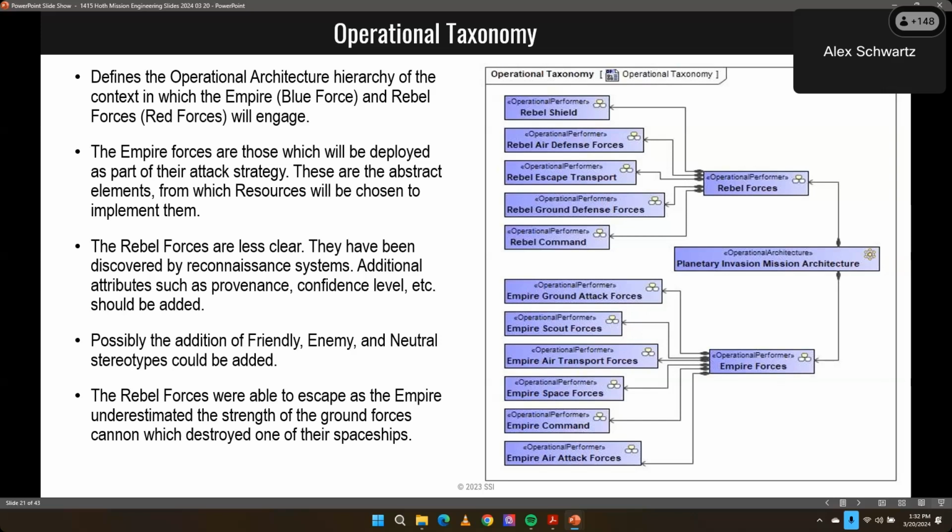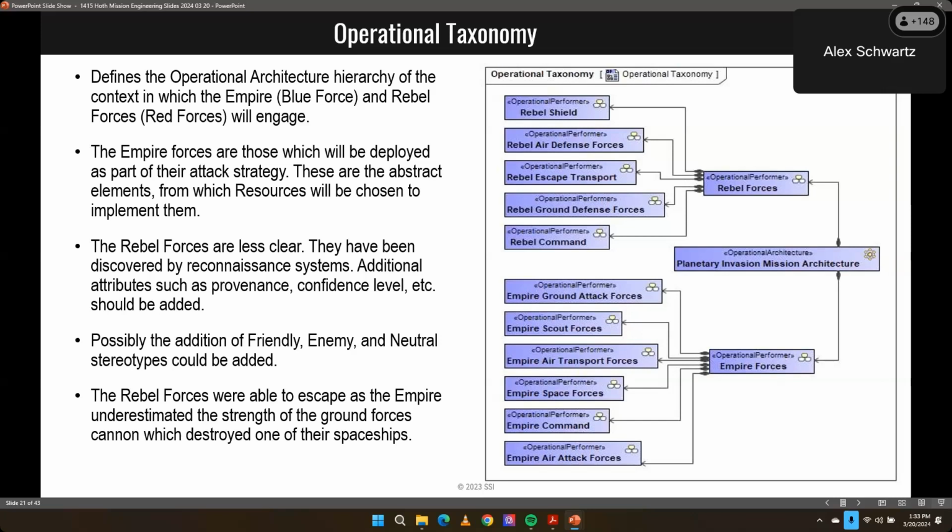And one of the things we've done is add the possible addition of friendly, enemy, and neutral, and that's in this model in just a second. But being able to actually model all these. The other thing we looked at was, how do we know the value of those rebel forces? How do we know what their firepower is? How do we know how many forces they're actually going to deploy?